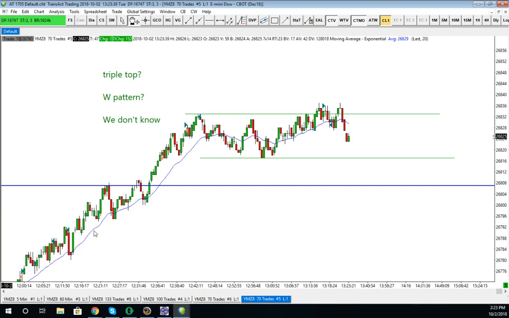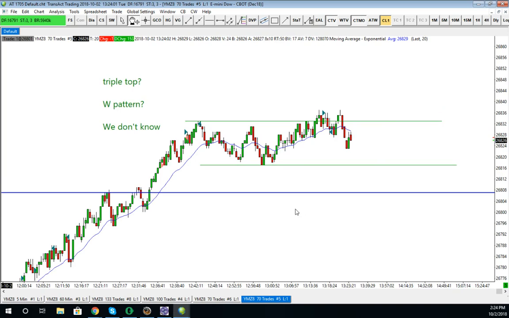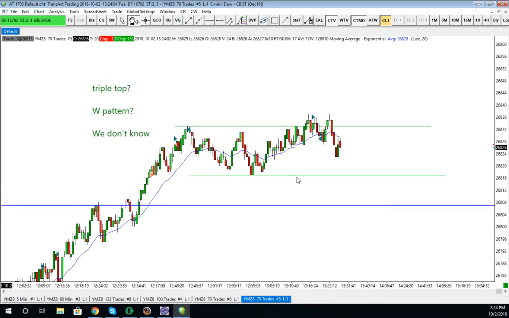By the way, after a run up and a consolidation, I think a lot of people would agree that you're better off not doing what I did, but buying the bottom area of the range, right? Not buying the top. And you could see I just got stopped out. So, over time, you want to avoid the low probability setups like that.